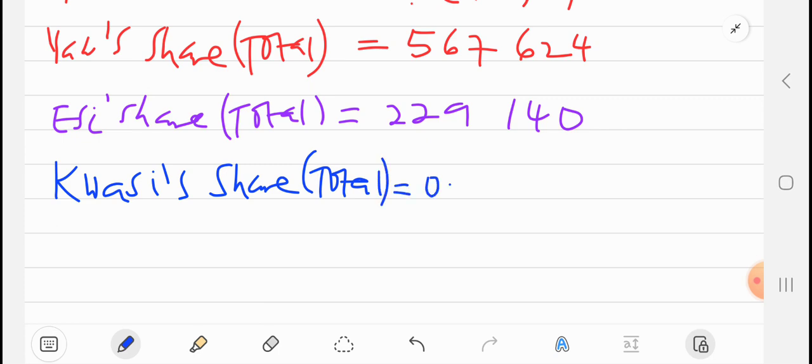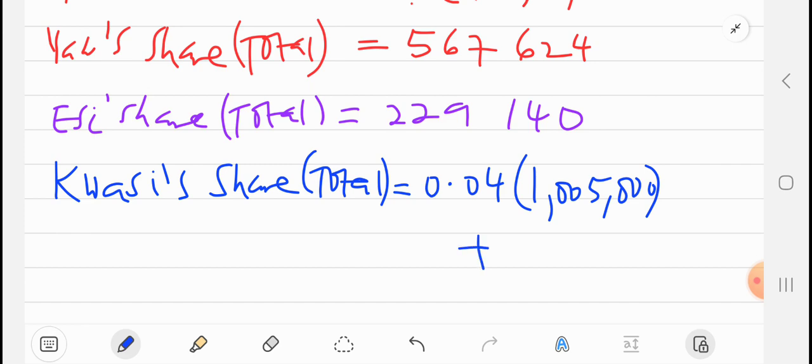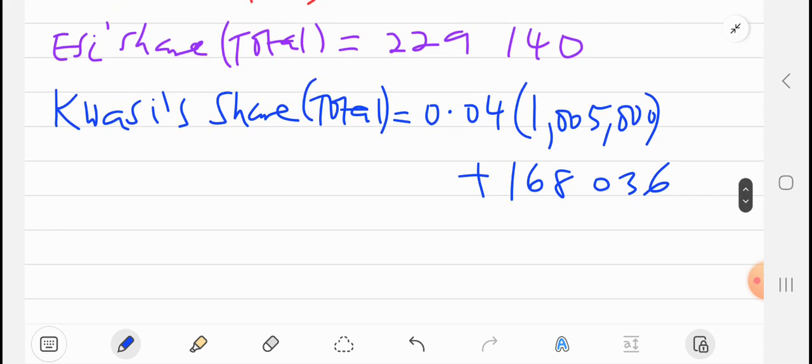Obviously, from the total profits, Kwasi as assistant manager should get 4%. 4% from the total profits of 1,005,000 Ghanaian cedi. But we need to add 168,036, which is Kwasi's share.